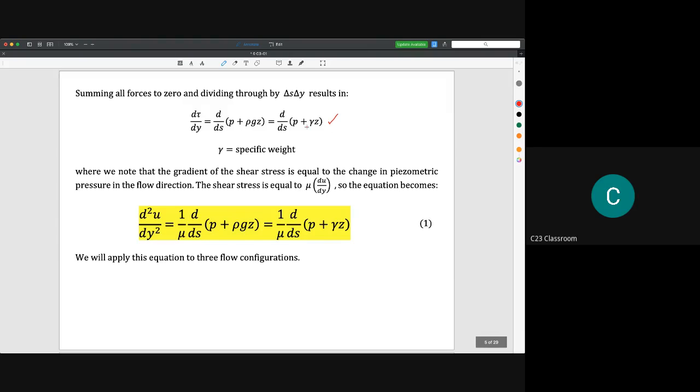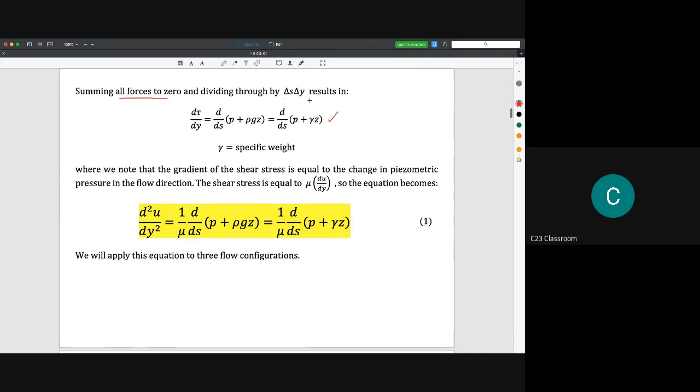If you do this, it means you sum all the forces to 0 and divide by delta S and delta Y, so you will have this equation. For this term, if you expand it, please write it like this: dp over ds plus gamma dz over ds.